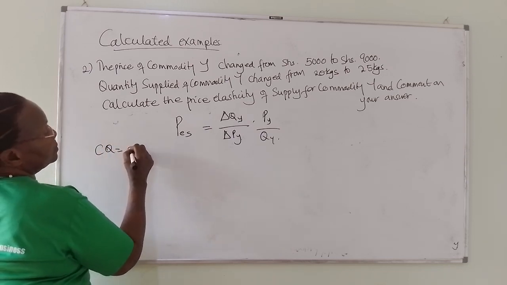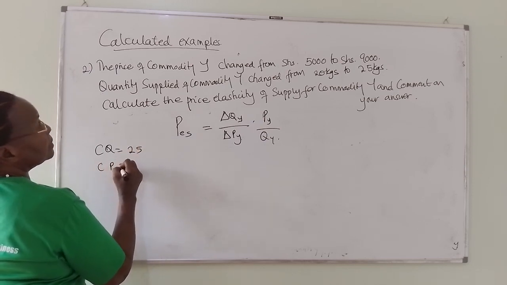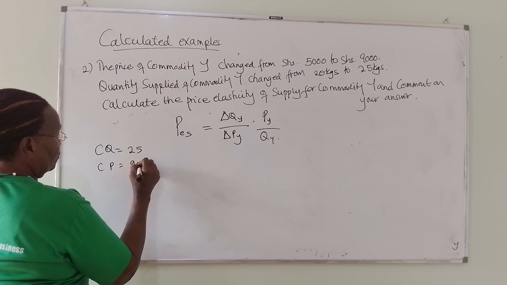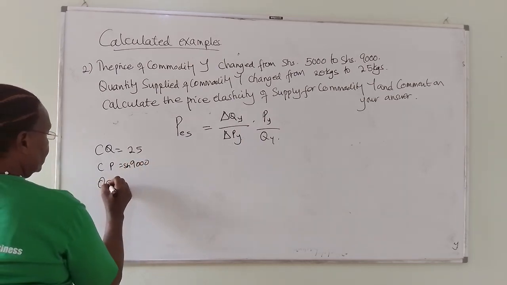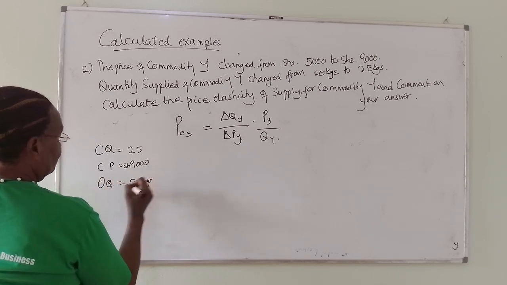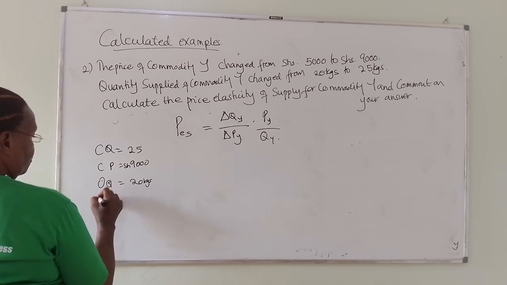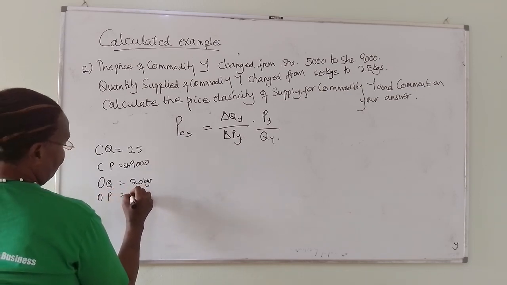Current quantity is 25, whereas the current price is 9,000 shillings. What is our original quantity? Original quantity was 20 kilograms, whereas the original price was 5,000.